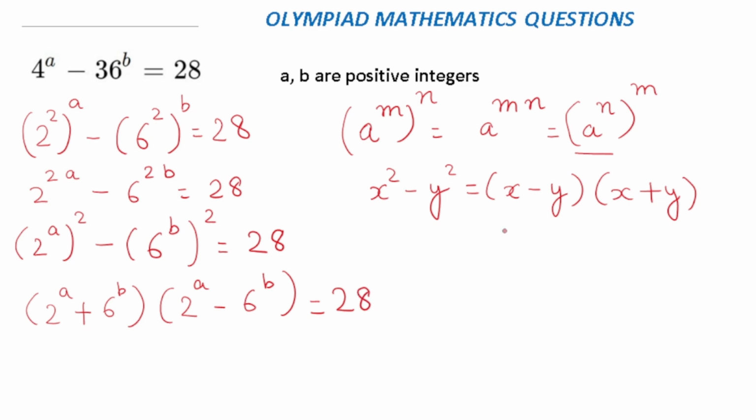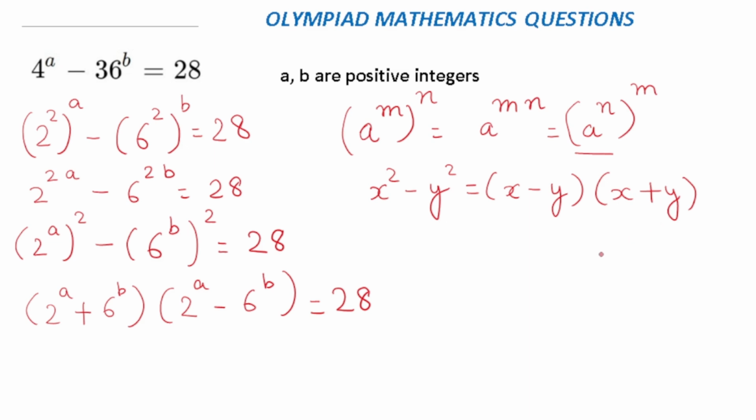Now the next question arises: how are we going to solve these two factored expressions such that we can form two equations? We need two equations to solve two variables, that is a and b.